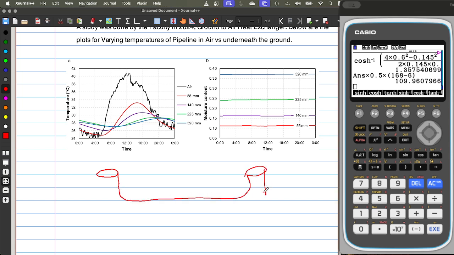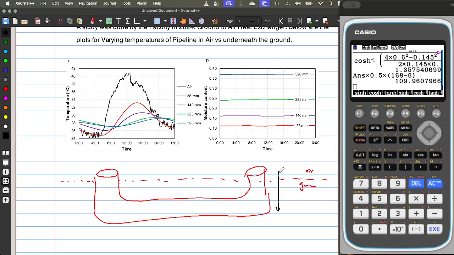And they moved its height up and down. Imagine, this is ground, this is air, and they're varying the depth. Let's call this depth y meters, y of x, where x is the thing we're changing.